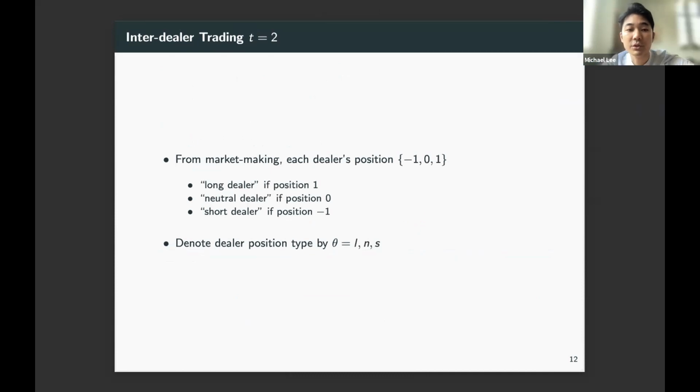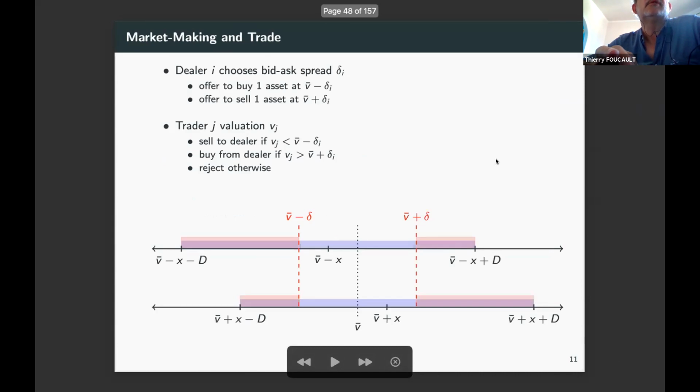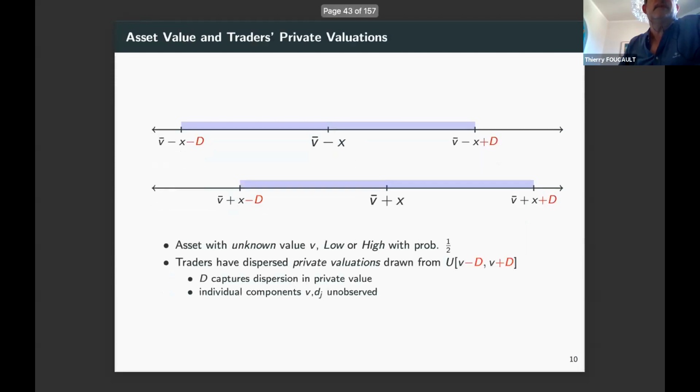Question, Michael. What assumptions are you making on the distribution of the private valuation? That is, will the results hold whatever the distribution, or do you need some restrictions on the distribution? For instance, I guess you need a restriction on the support, and so D cannot be too low.